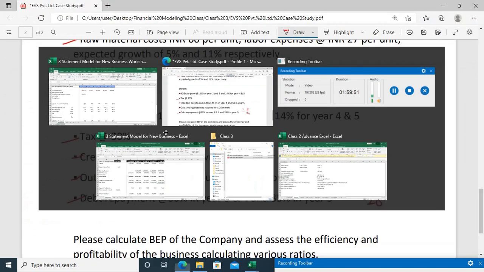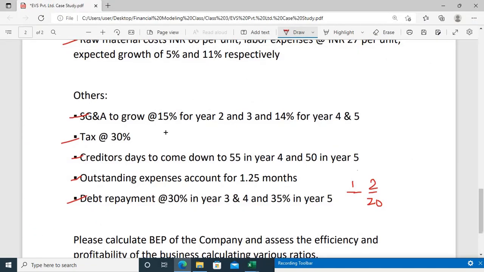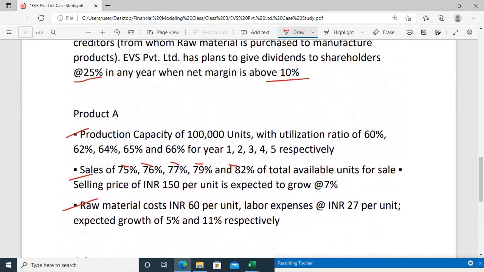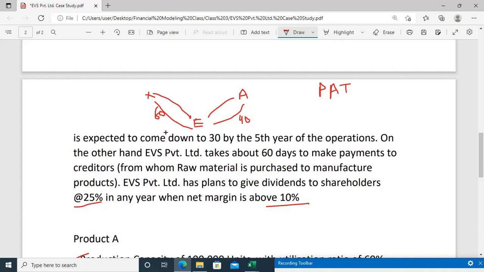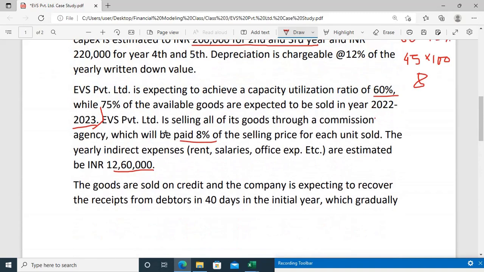Let me just check this condition once again so that I can tell you with 100% assurance. Okay, EVS Private Limited is expected to achieve a capacity utilization of 60% while 75% of the available goods are expected to be sold.